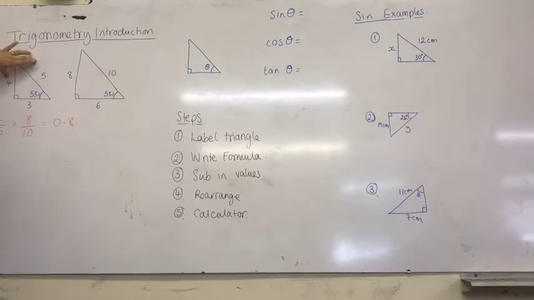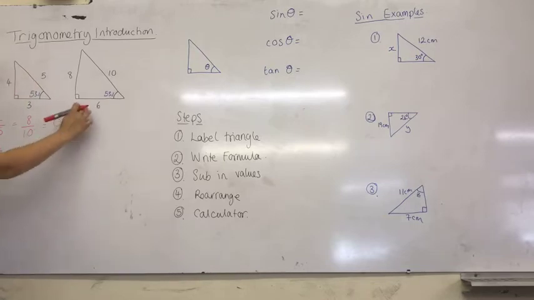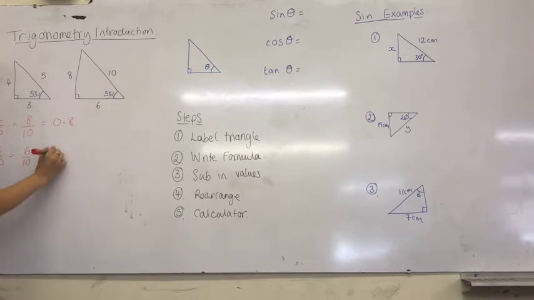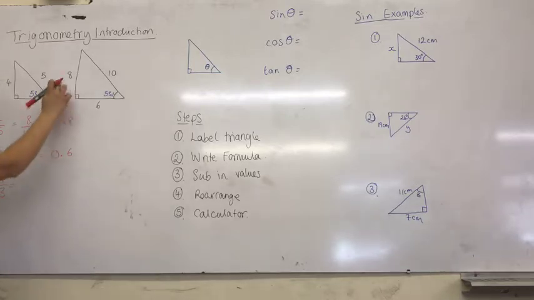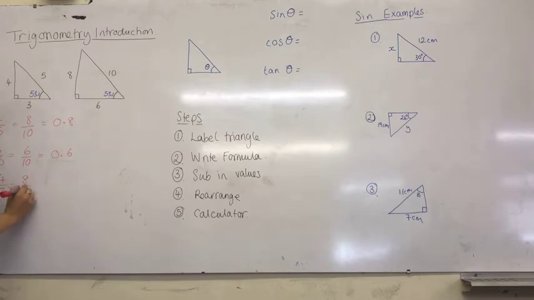Likewise, if I do 3 divided by 5, that's going to be the same as 6 divided by 10, these two sides here, and that's equal to 0.6. I could also do 4 divided by 3, and that would be the same as 8 divided by 6, and that gives me 1.3 recurring, or 4/3, or 1 1/3.